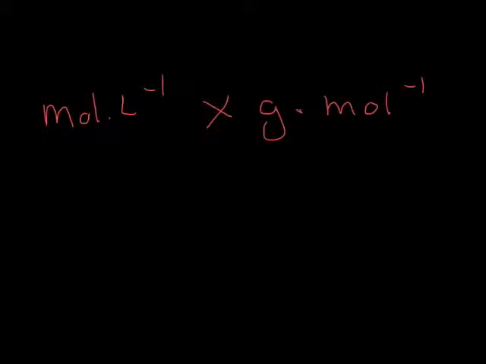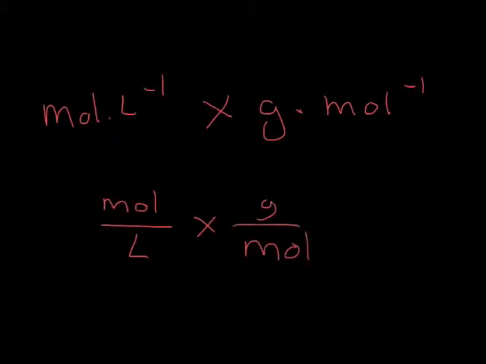So what we actually have is moles per litre times grams per mole. And because it's times, both of these cancel out. So what we end up left with is grams over litres, which is the same as grams per litre to the -1. Now, for those of you mathematically inclined, it may help to understand how units cancel like this, and you can work out the formulas if you're given the units.